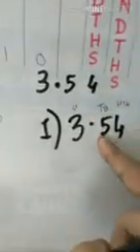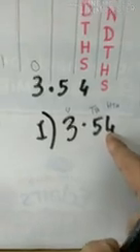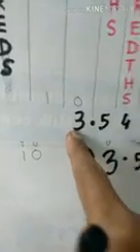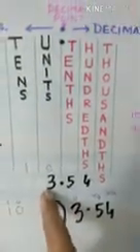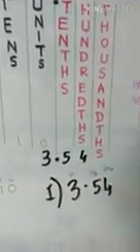Now in the tenths place we have 5, so we will post 5 there, and in the hundredths place we will post 4. So the answer comes like this: in the units place 3, in the tenths place 5, and in the hundredths place 4. This is very easy.